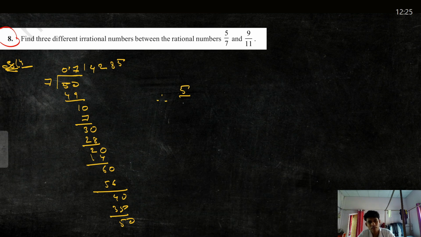Therefore 5 by 7 can be written as 0.714285 bar.